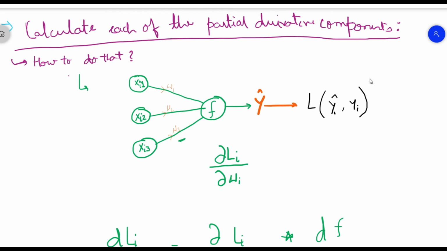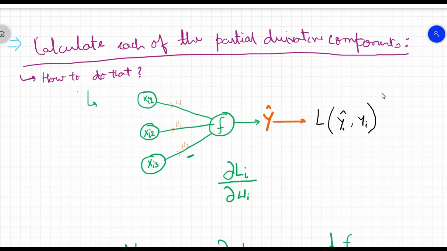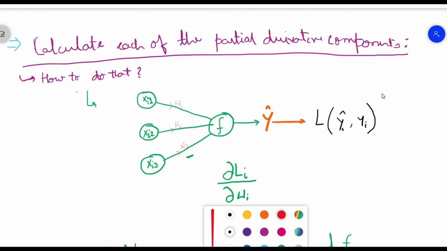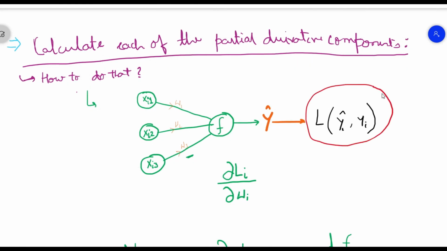If you see here, this loss function is dependent upon the output received from this activation function, and the output of this activation function is dependent on the input that we are getting for this activation function.